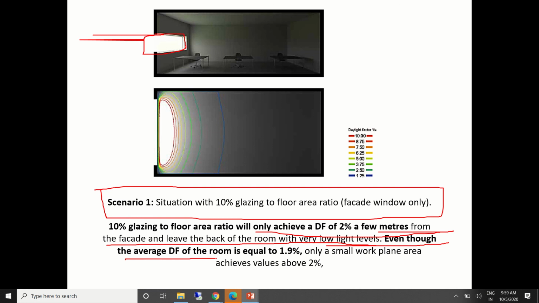Even though the average daylight factor in the room is equal to 1.9%, only a small work plane area will achieve 2% of the desired levels. So there are 2-3 things that we should keep in mind. First thing is, what is the daylight level that we are expecting?